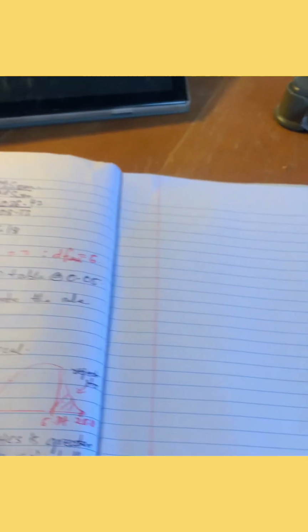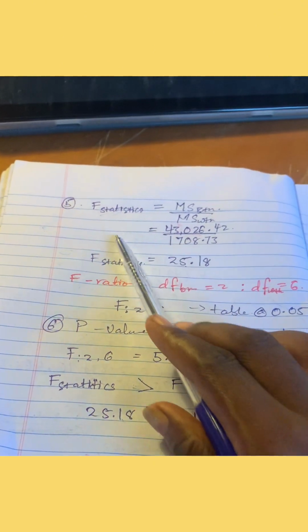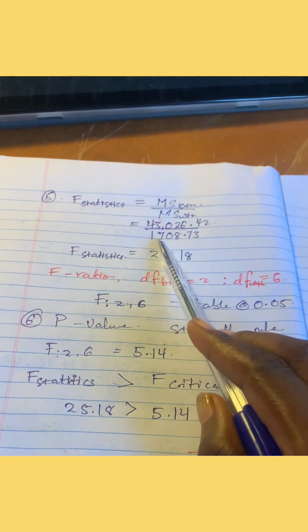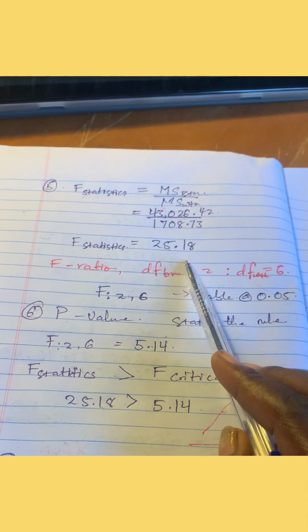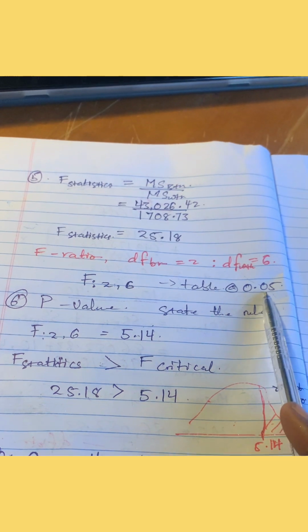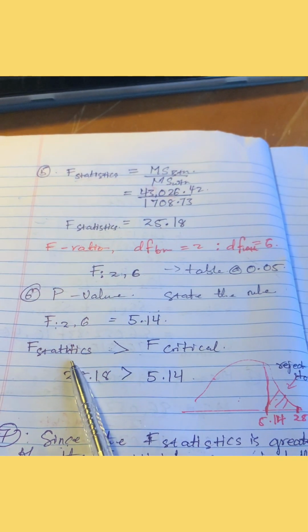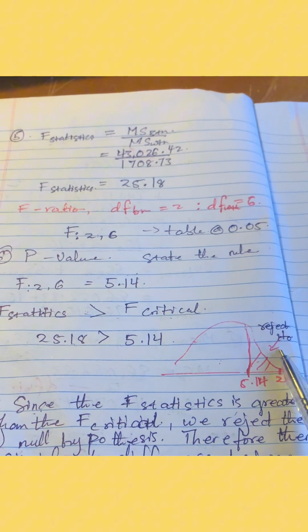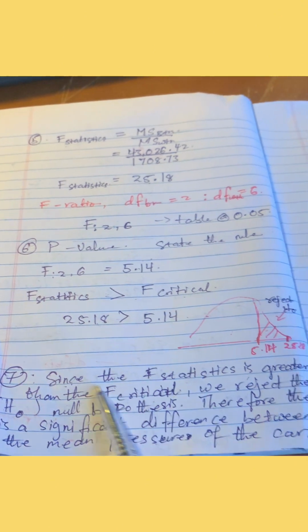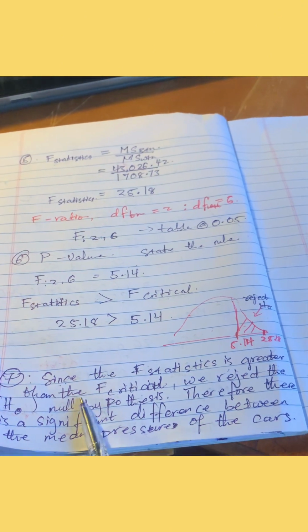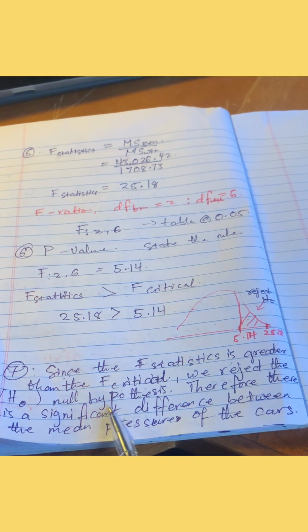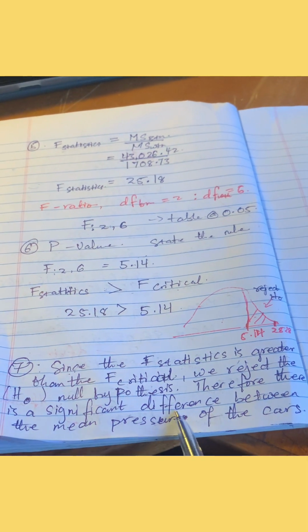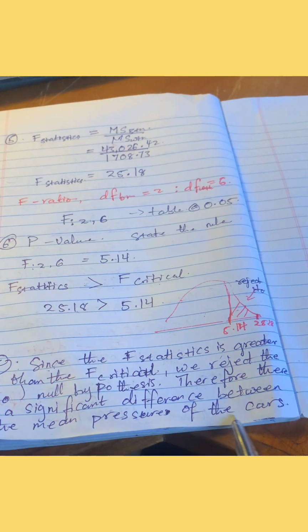Then the mean of squares will help us calculate the F statistic, which is mean of squares between divided by mean of squares within. Then we compare, and here we found that the F statistic is greater than the F critical. Then we interpret our results. Since the F statistic is greater than the F critical, therefore reject the null hypothesis.